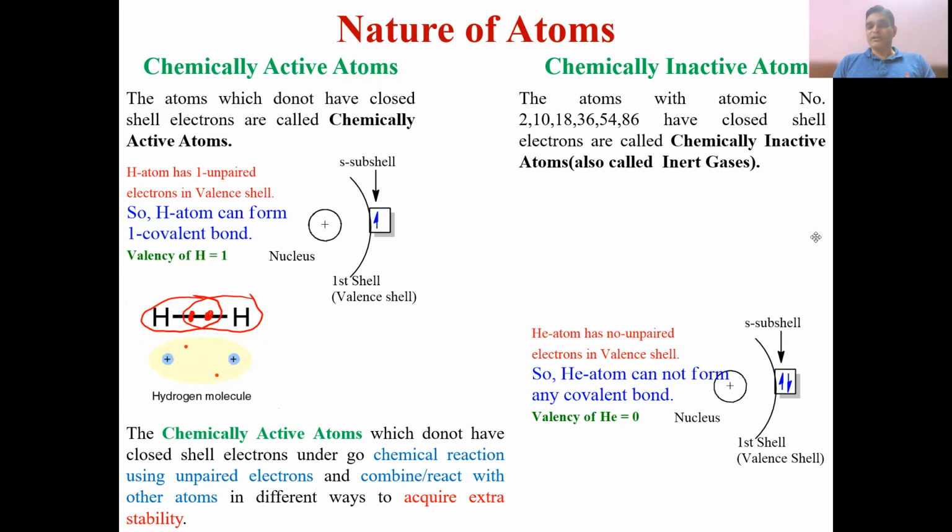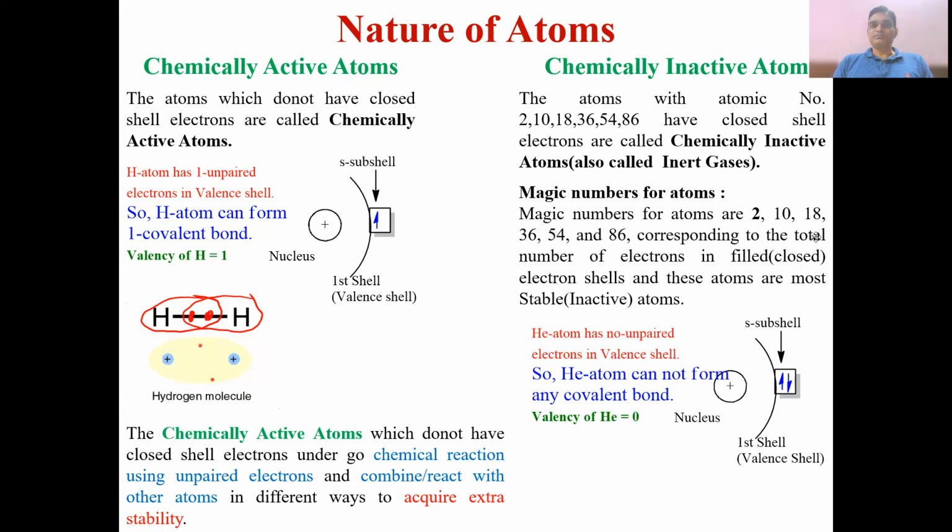These electrons can never be unpaired because the first shell has only the s subshell. The first shell can never have p, d or f subshells. So these two electrons will remain in the paired state. They cannot be unpaired. So helium cannot form any bond, meaning its valency is 0.